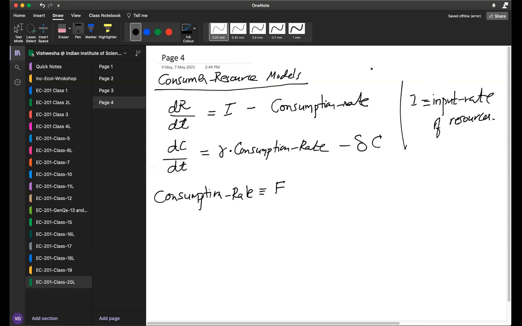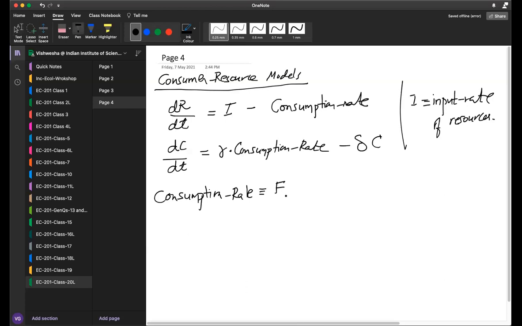All of you have maybe heard of a chemostat at some stage. A chemostat is a controlled environmental condition where there is a constant input of resources, and then there is also a flow. I'm ignoring the flow part here, because adding a natural decay rate of resources doesn't give us any new insights in what we are doing today. Or you can think of I as the rainfall if you are thinking of a natural environment.